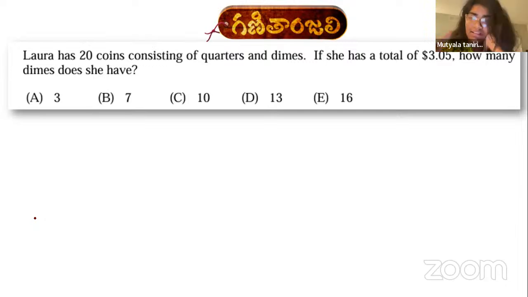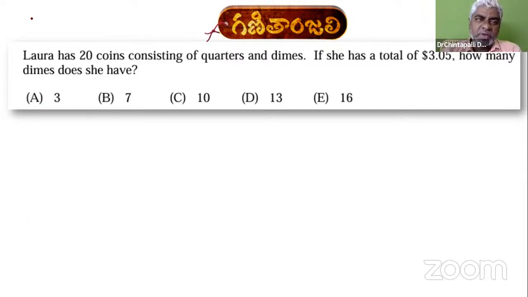Nickel for 5 cents, I mean 0.05. What is that? Nickel, sir. N-I-C-K-E-L, nickel. That's the name for 0.05.